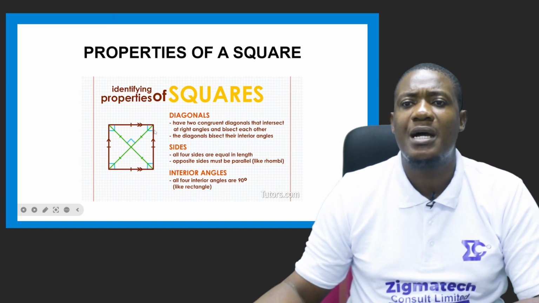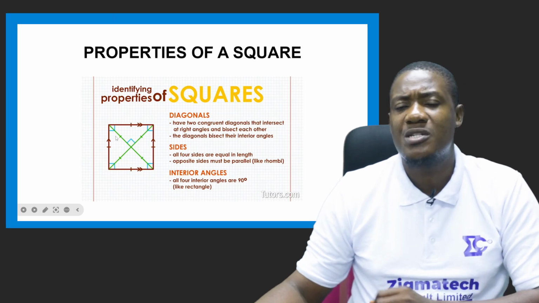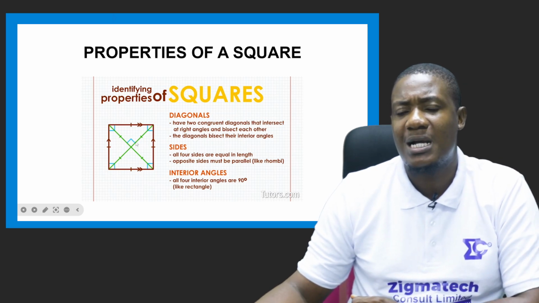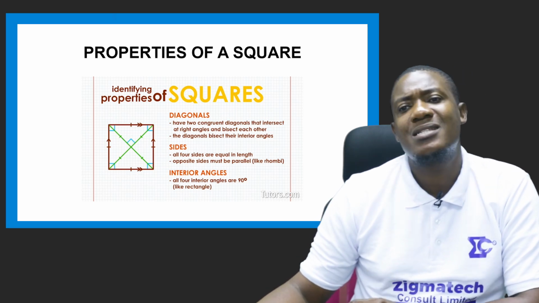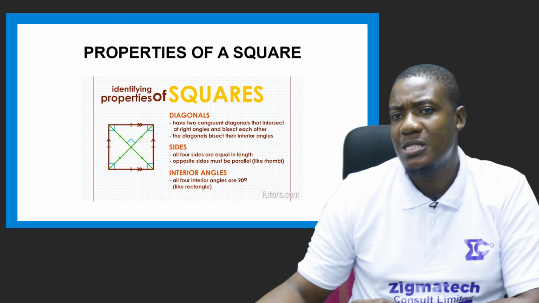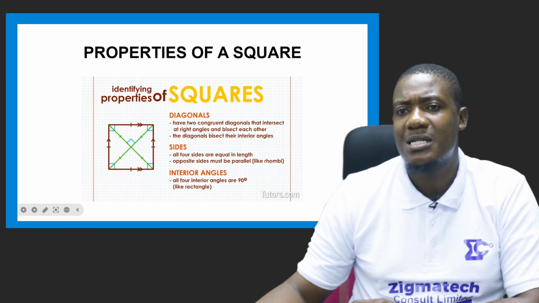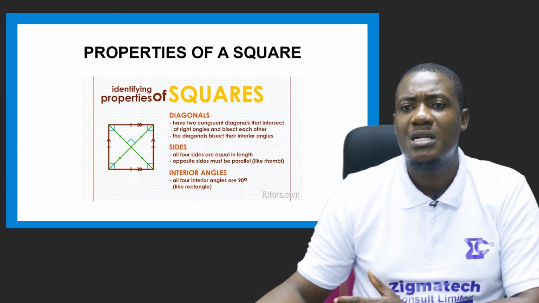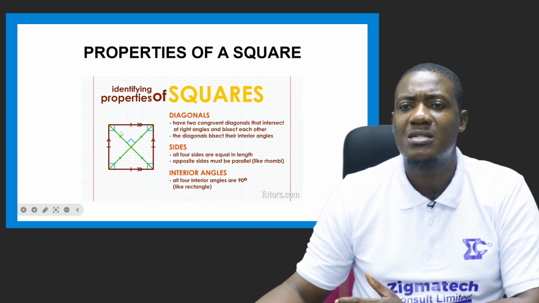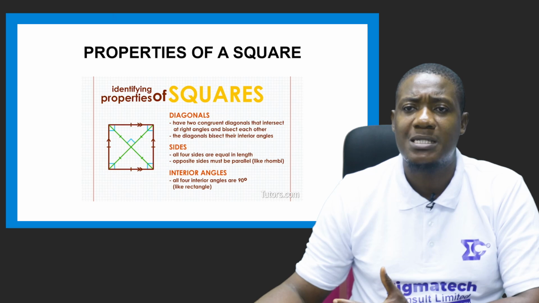The diagonal of a square is a line of symmetry. The 2 diagonals here are lines of symmetry because they bisect this angle 90 degrees. They bisect this angle 90 degrees. Bisection here simply means they divide the angle 90 degrees into 2 equal parts.